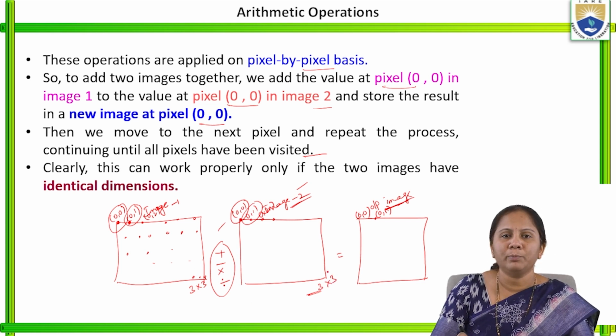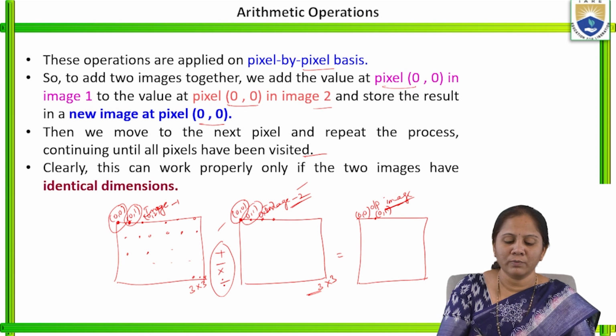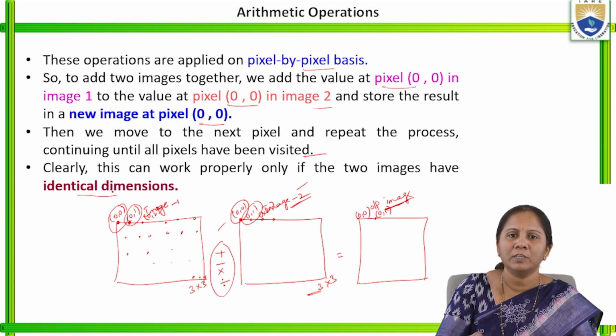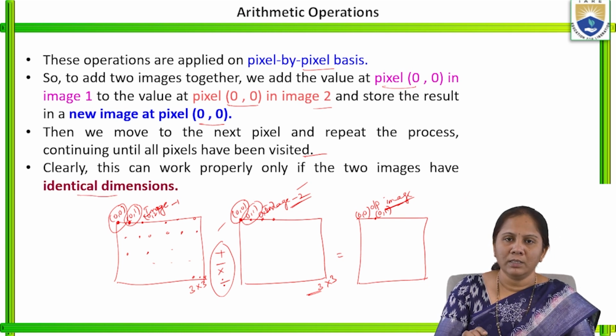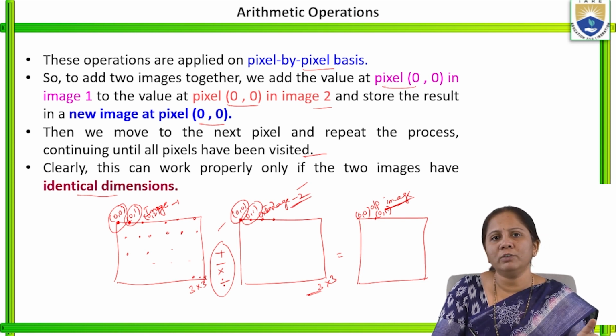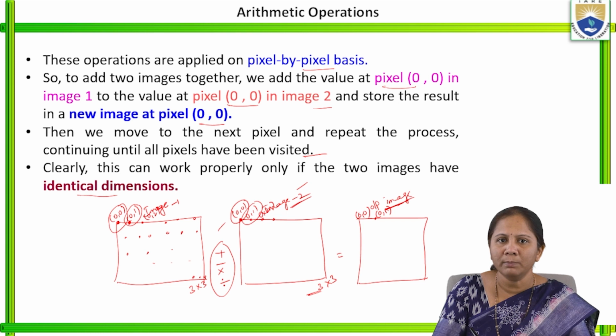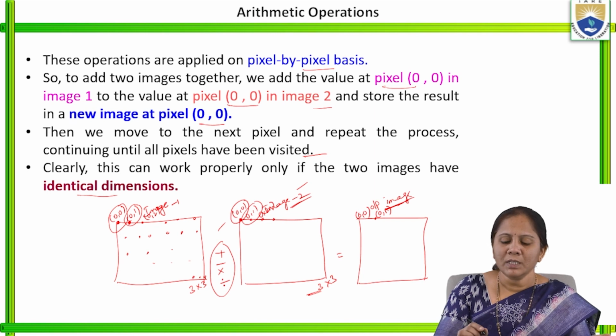This is the important point we have to look at while performing the arithmetic operation between two images. We have to perform the operations on images having identical dimensions only. If the images have different dimensions, no problem, but a transform needs to be applied in order to make them equal. Then only the operation will be performed.